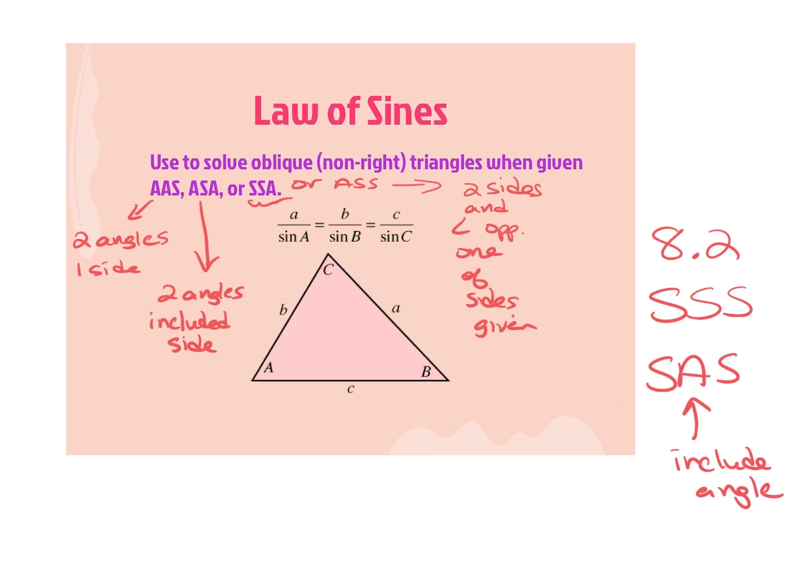Now, it's going to be very important that when you draw your triangle, you're not going to probably be given pictures. You will have to draw them yourself. It doesn't matter where you put the angles. It's important that you label the sides appropriately.